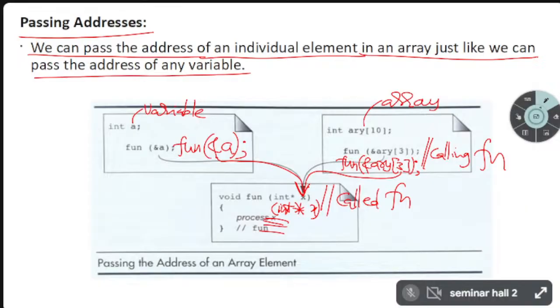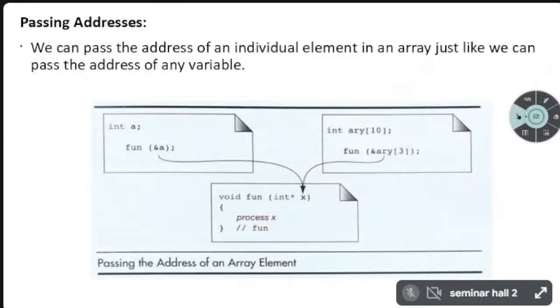Finish? So, what is the difference between a normal variable and a pointer variable? I'll give a small example. Just try to understand.